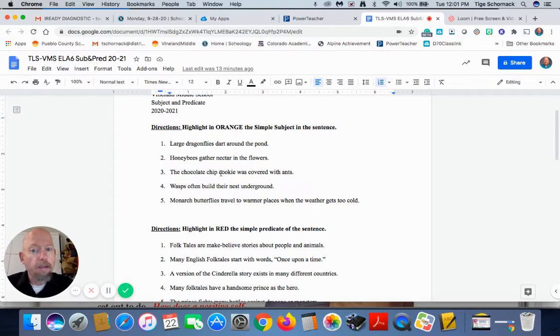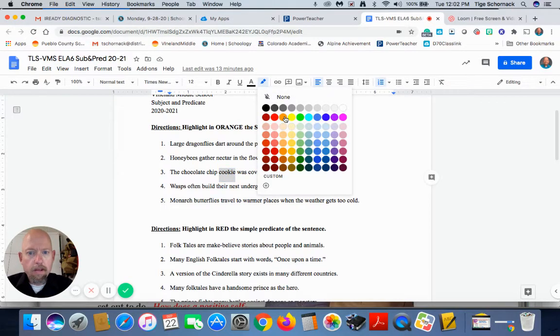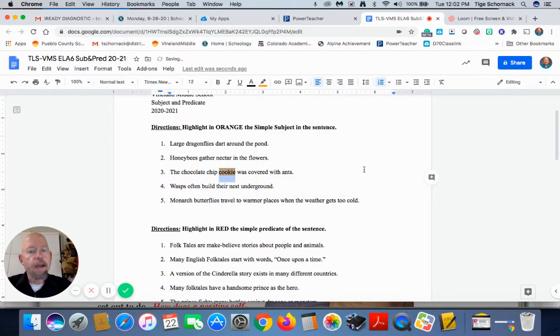So what we're talking about is just the cookie. Because the is an article, and chocolate and chip is an adjective saying what kind of cookie. So we don't want that. So that's how we do the first 5. This is worth 5 points.